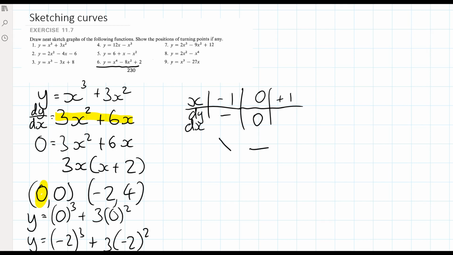It's 0 at the point, and 1 substituted into the derivative gives me 3 plus 6, which is a positive answer, positive coming out. So I know from this picture of minus, 0, plus that it's a max. Sorry, that's a minimum value. It's at the bottom of the curve. I do the same thing for minus 2, 4.